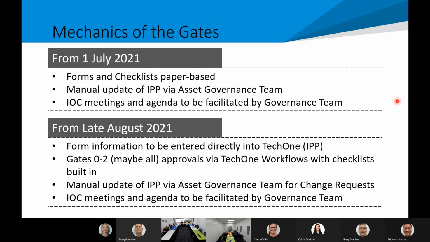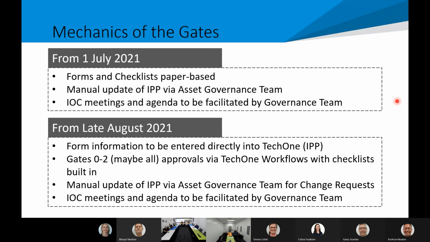We've got a Tech One consultant on board. They actually start the 8th of June with us. And what they are working with us to achieve is that the form information, so when the investment opportunity brief and the business case, you'll actually directly enter that information into Tech One.